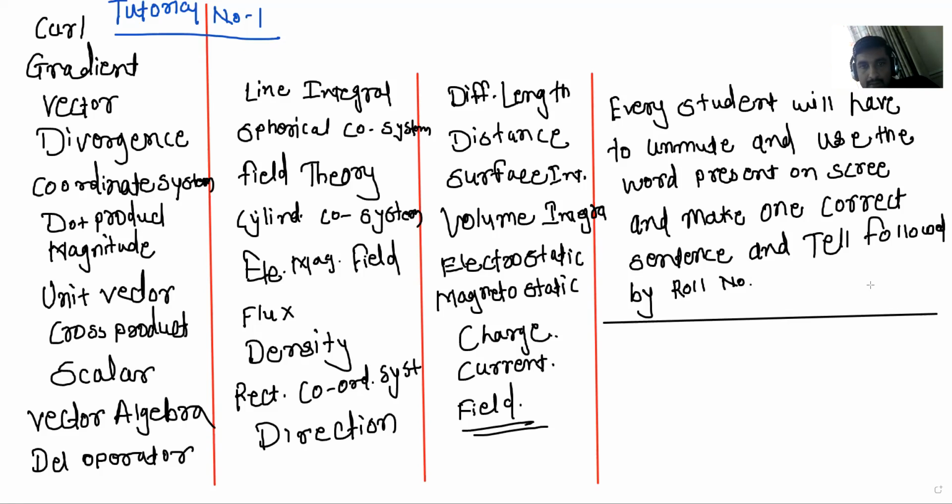We have written some words here on the board, and you have to use any one word and prepare one single, correct sentence. You have to tell it here, followed by your roll number. That is going to be considered as your attendance for this tutorial session. Yes, go ahead and see what is going to happen.